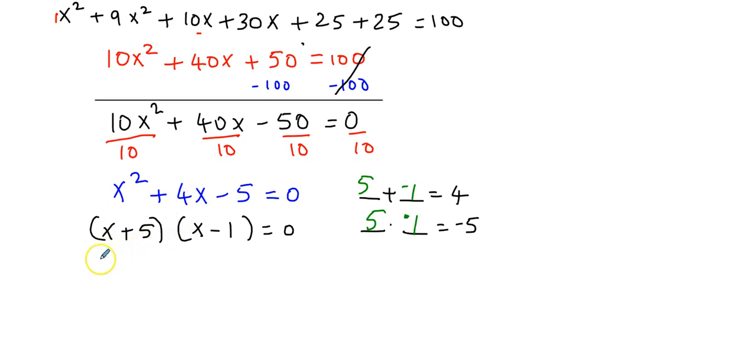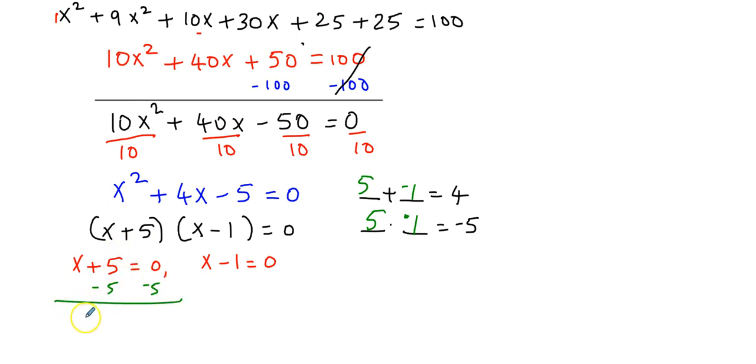Okay, let us solve now. Now this changes to x plus 5 is equal to 0 and x minus 1 is equal to 0. Right? x plus 5 here and x minus 1. Solve for x. Take away 5, minus 5 and minus 5.